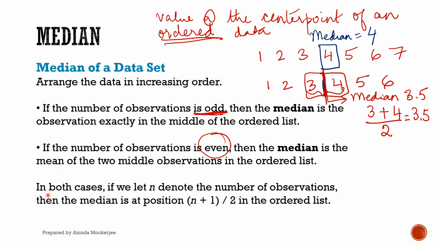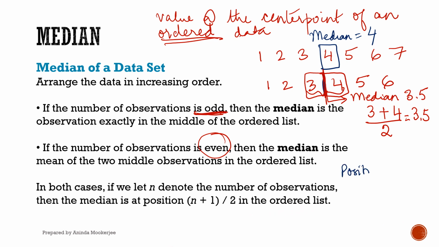And then here it says at the end, in both cases, if we let n denote the number of observations, then the median is at position (n + 1) / 2 in the ordered list. So to find the position, this is what we do.